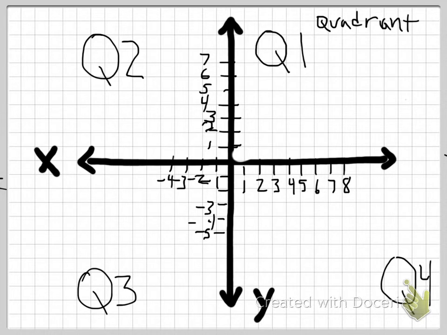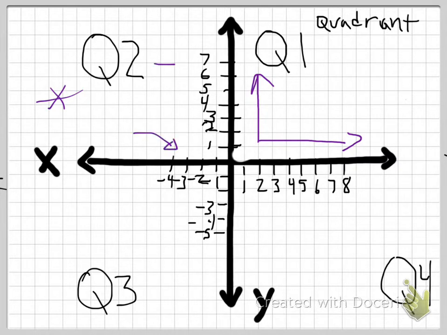Because all the numbers in quadrant 1 are moving in this direction on the x-axis and this direction on the y-axis, every single point in quadrant 1 will have a positive location. The x value will be positive and the y value will be positive. But that's not the same in all the quadrants. If we come over here to quadrant 2, the x values are now negative numbers.